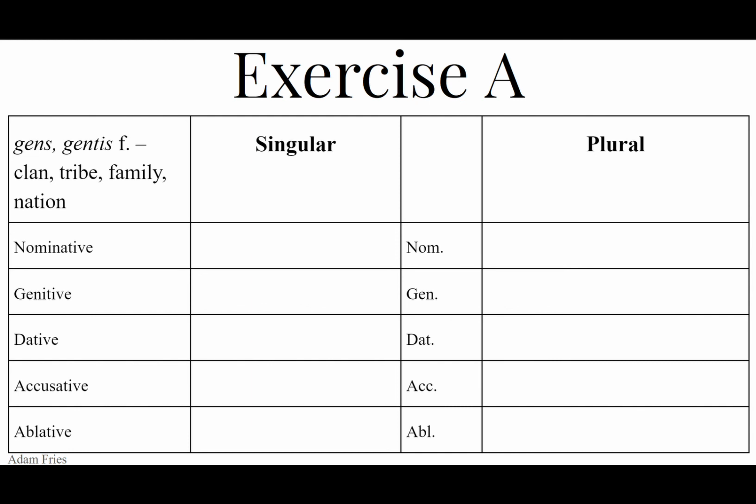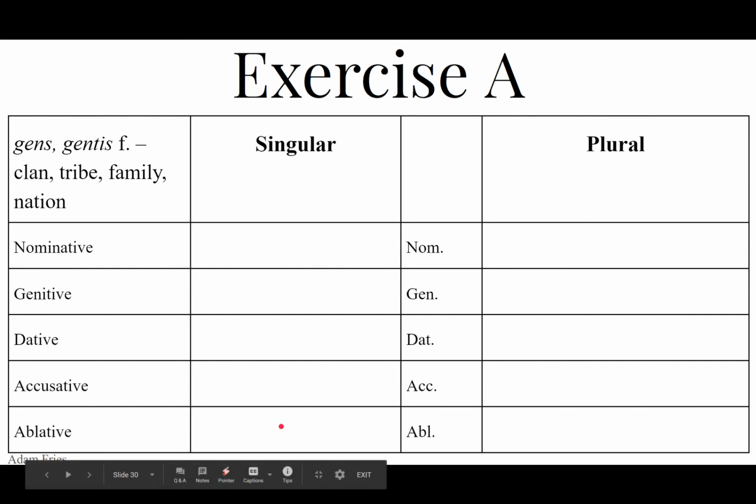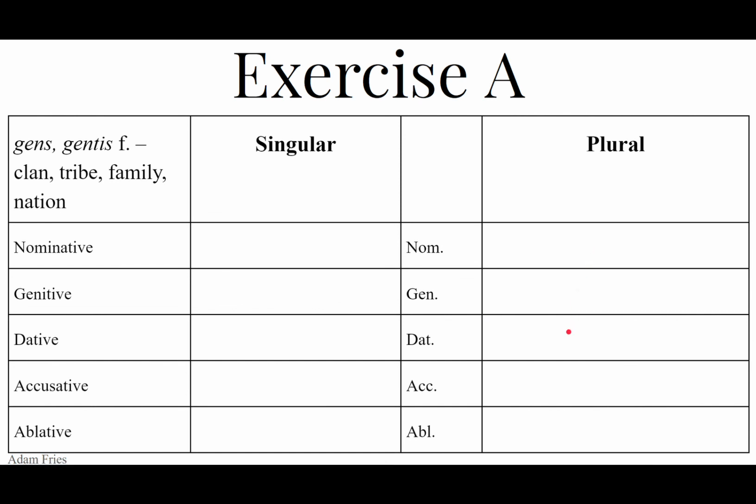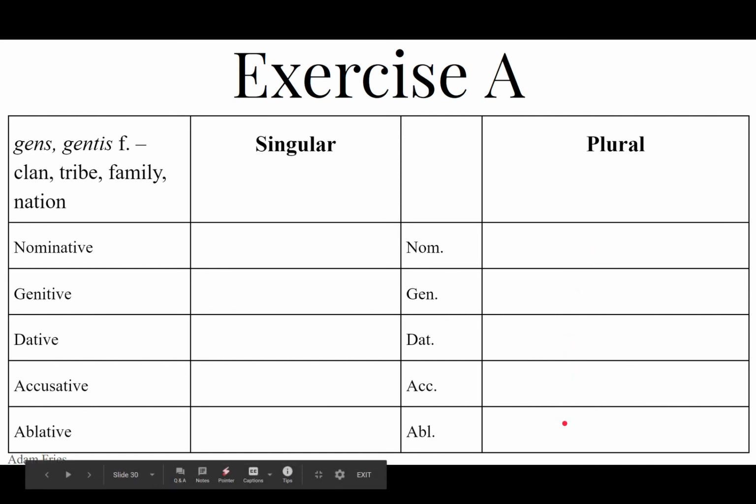It only needs to follow one rule to make it an I stem. That means that its genitive plural will end in I-U-M, gentium, instead of just U-M, gentum. So we have gens, gentis, genti, gentem, gente, with the letter E, gentes, gentium, gentibus, gentes, gentibus.